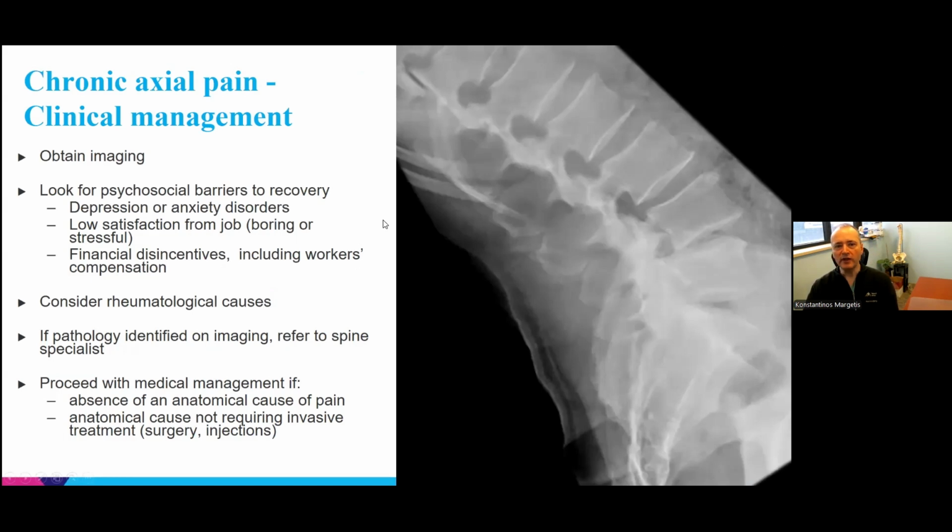So for the chronic back pain, let's say the patient comes to us and complains about several months or several weeks of low back pain, then that's not the typical acute low back pain, so now we change gears. And in this case, we need to get imaging to see if there is any anatomical cause for the chronic low back pain.